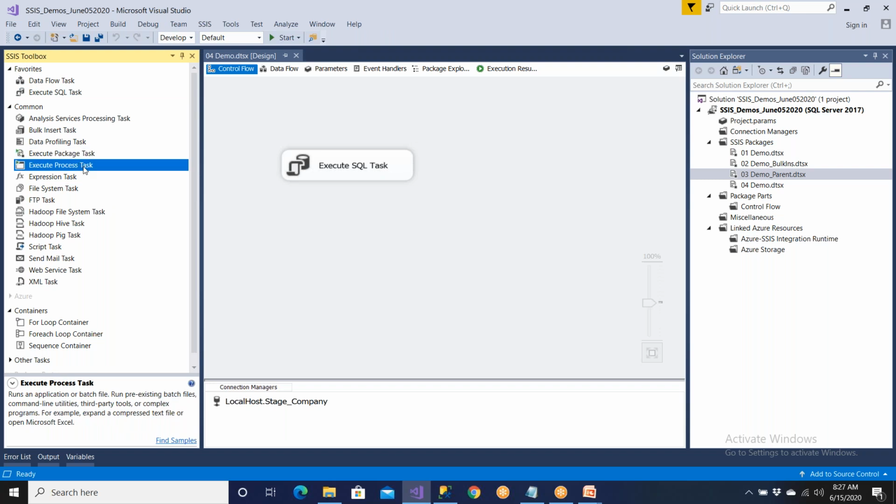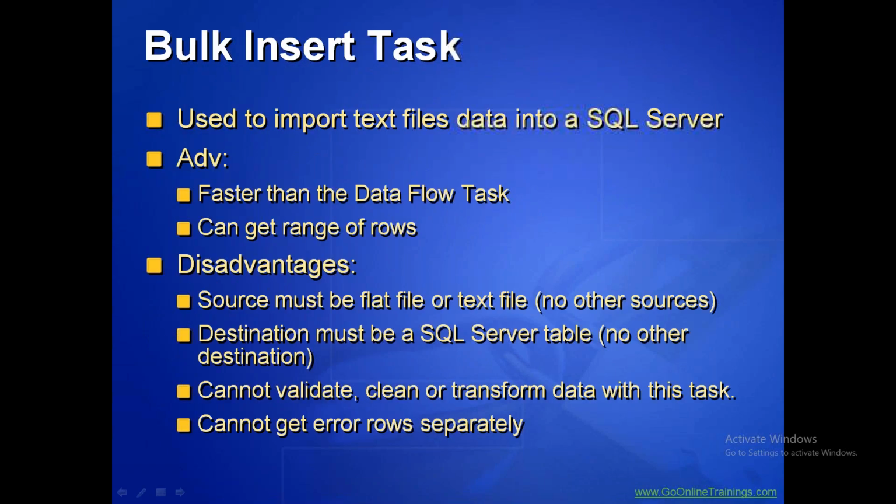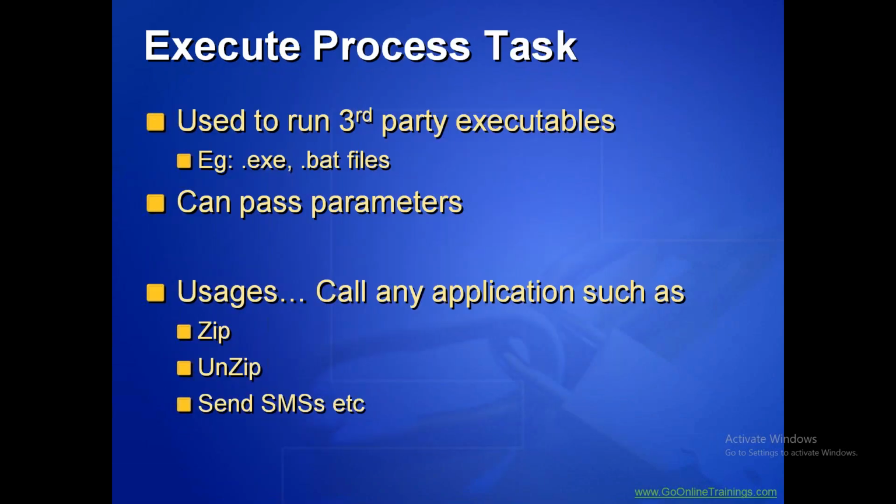Now the next one is execute process task. Okay, so what is execute process task? Let us understand. It is used to run third-party executables. Examples: you can call .exe files, .batch files, any other things you should be able to call without any kind of issue.